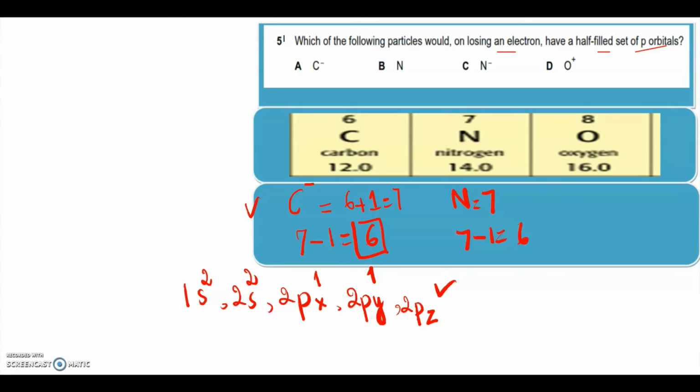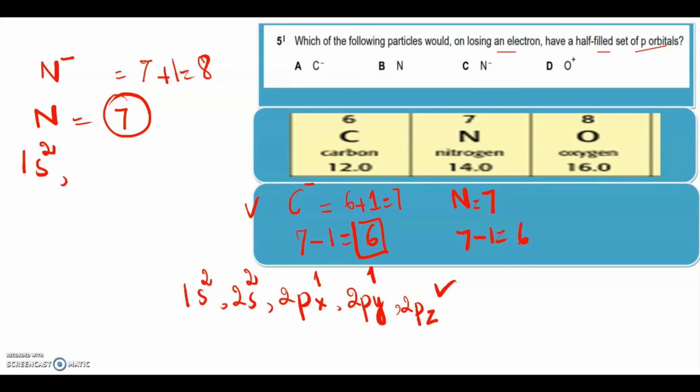C option, you can see N minus means it has 7 plus 1, it has 8 electrons, but on losing 1 electron this particle becomes N and it contains 7 electrons. And when we write the configuration of this 7: 1s2, 2s2, 2px1, because they are talking about orbitals, 2py1, 2pz1.